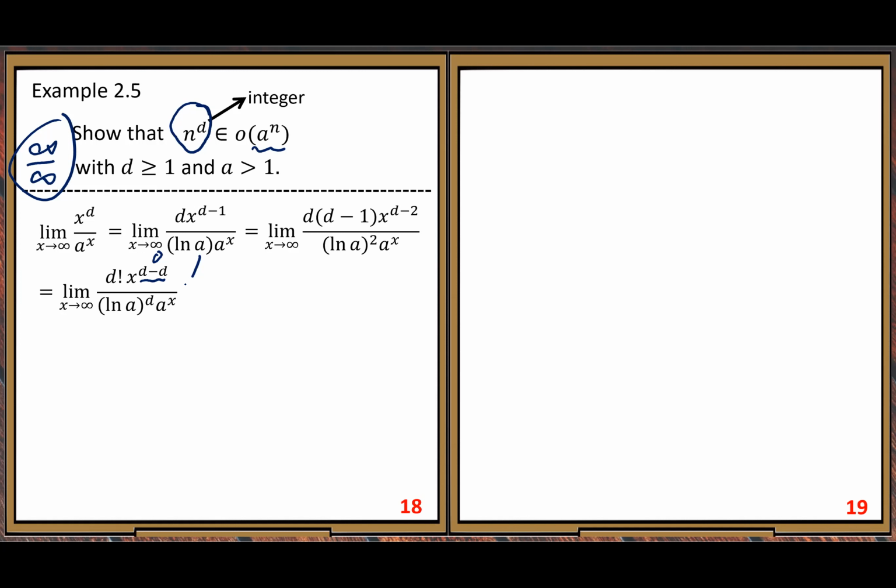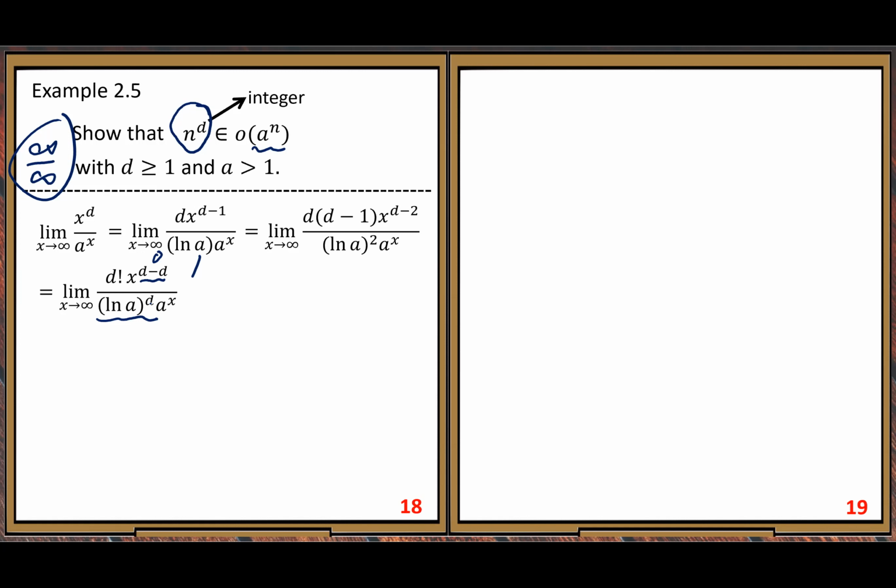When the numerator becomes a constant, it's not an indeterminate form. That means we should stop; we can stop at this point. And the denominator, because we apply L'Hopital's rule d times, is natural log of a to the dth power.